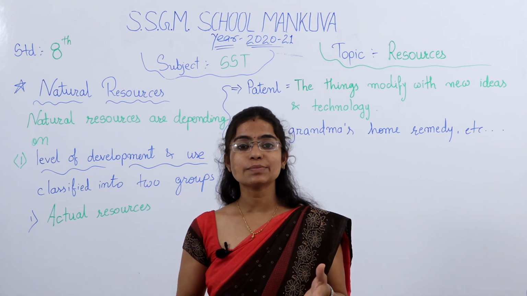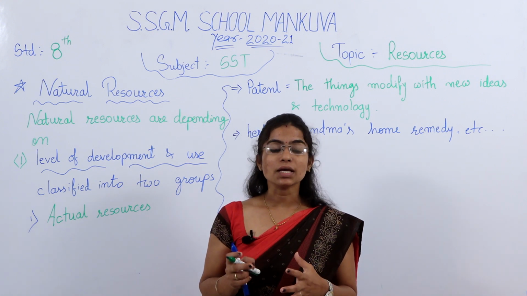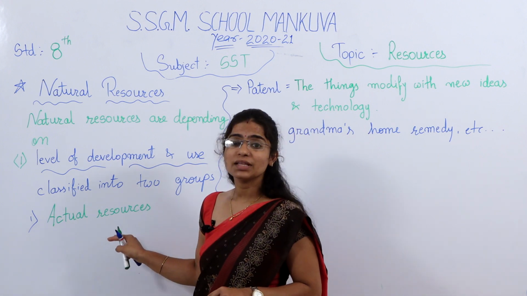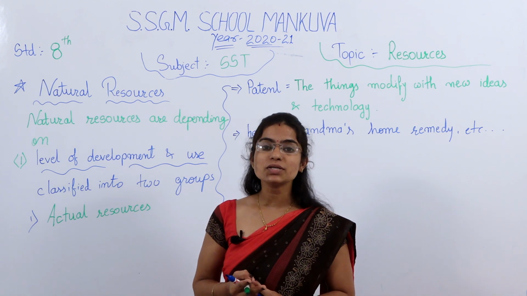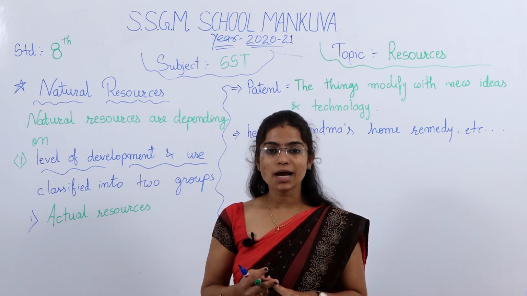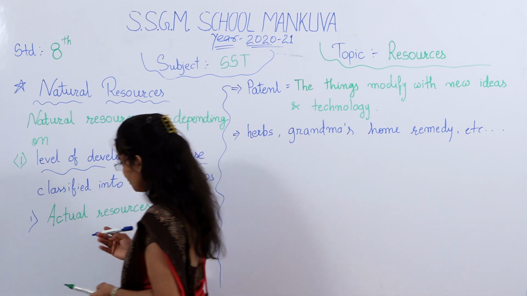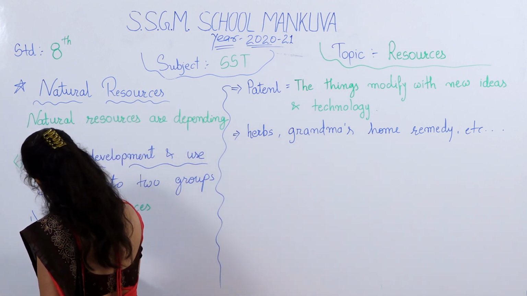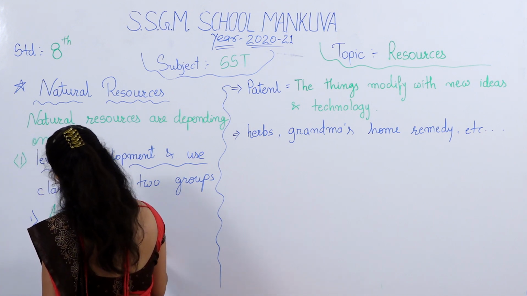Actual resources means the resources whose quantity is known. We know their entire quantity. Okay? Actual resources means the resources whose entire quantity is known. Write it down. Quantity is known.